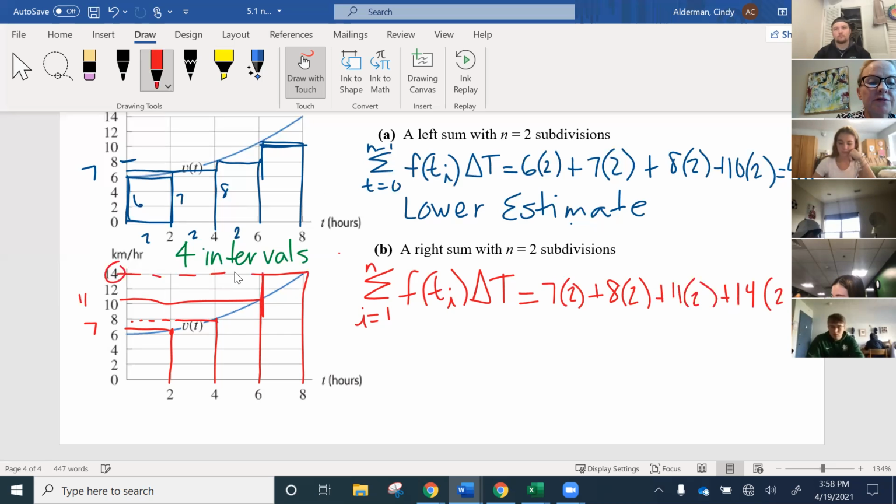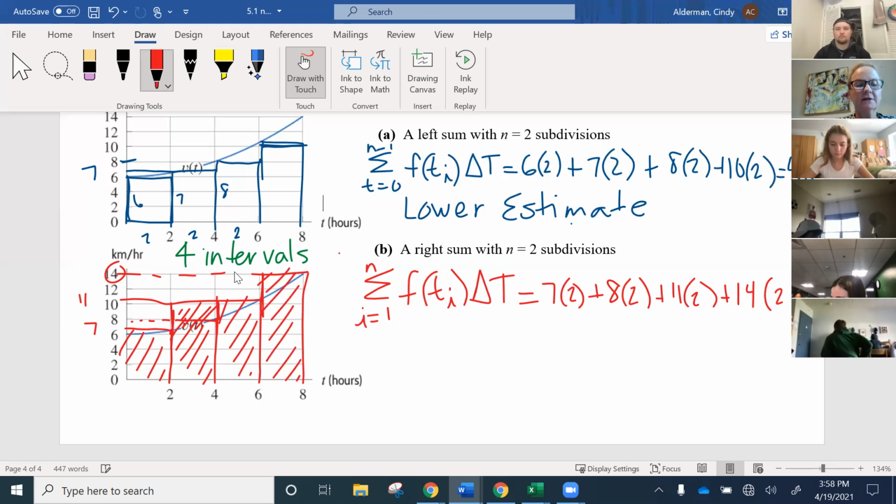So if we just draw the rectangles, notice that it goes above. Oops, that one should be here. Goes above the function line.